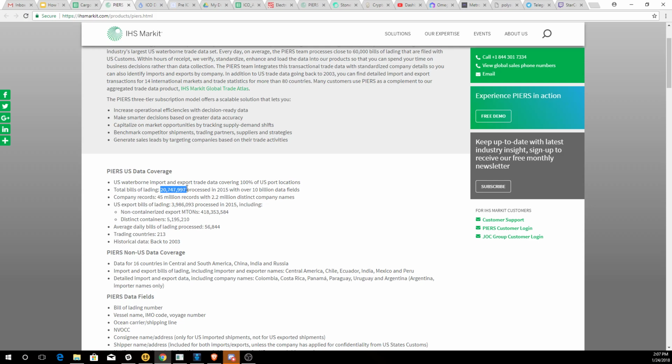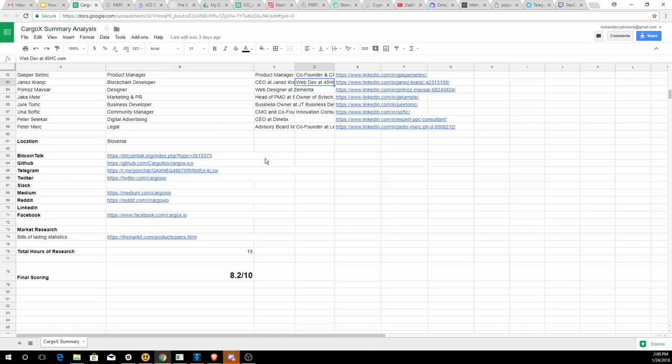So even if it only takes 10% of that industry on the blockchain, 10% of 5 billion is 500 million. So if they were to take 500 million, that would put them at a ridiculous, probably 50x valuation from where they're currently at.